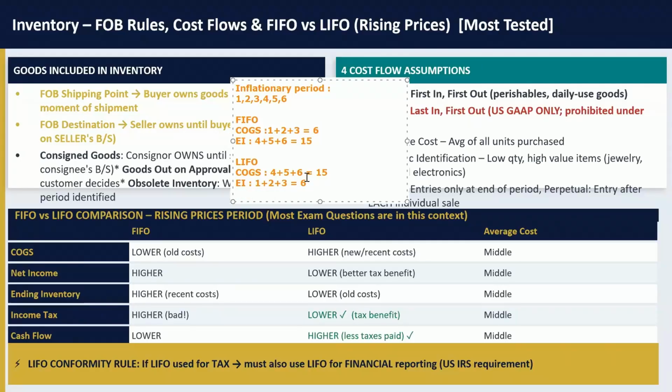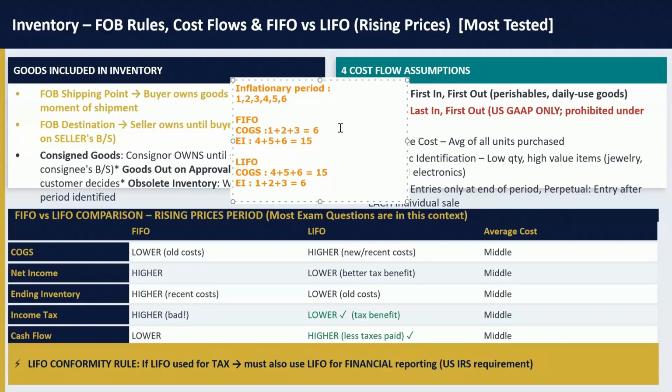This is what happens in the inflationary period. As you can see, your cost of goods sold is lowest in FIFO and highest in LIFO in inflation. At the same time, ending inventory is highest in FIFO, lowest in LIFO.